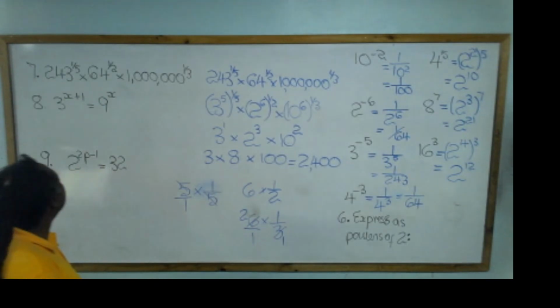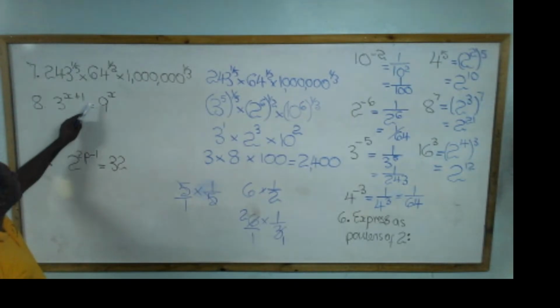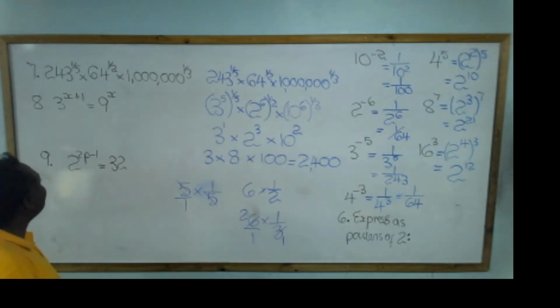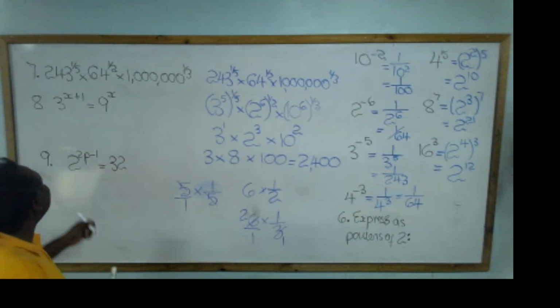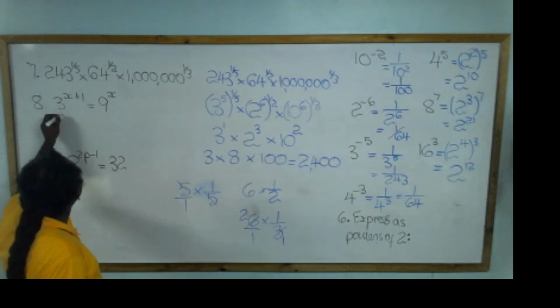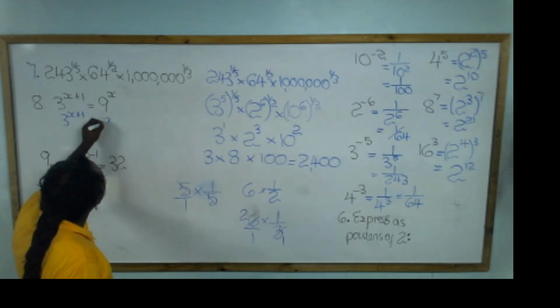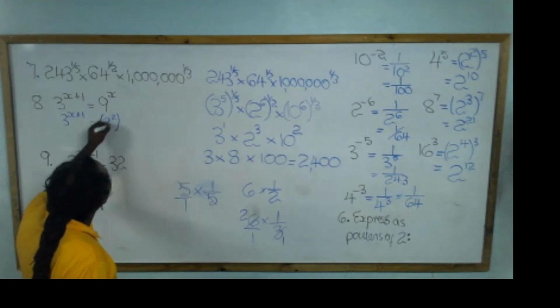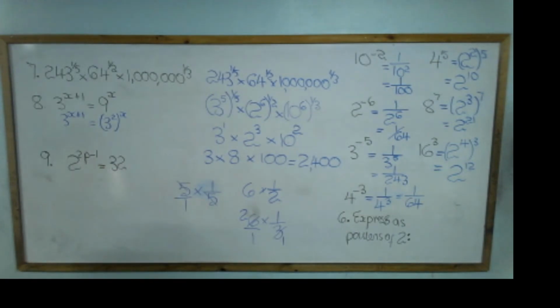Alright, so here we have 3 to the power of x plus 1 is equal to 9 to the power of x. We're going to bring them to the same base. So we have 3 to the power of x plus 1 is equal to 3 to the power of 2 raised to the power of x, because 9 is 3 to the power of 2.